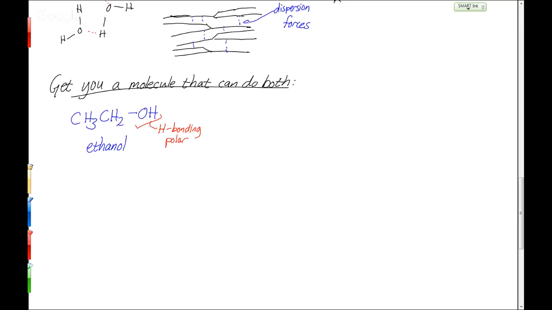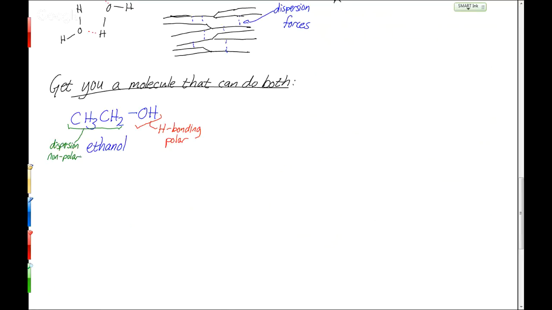But the other side of the molecule is going to have those dispersion nonpolar type forces because of the carbon and hydrogen. Now, ethanol is a pretty small molecule, so the difference in those two sides is not that big of a deal. And ethanol mostly just acts as a polar molecule.